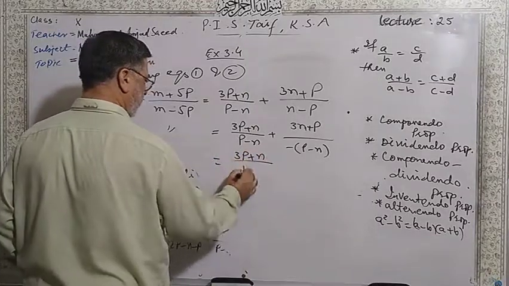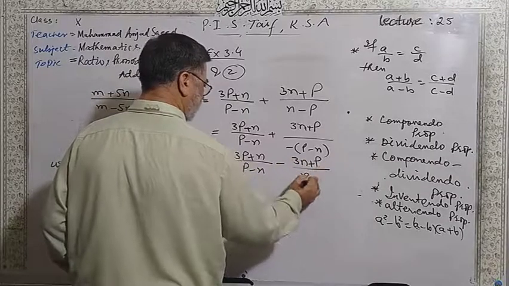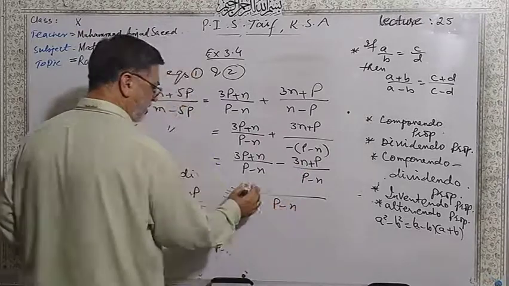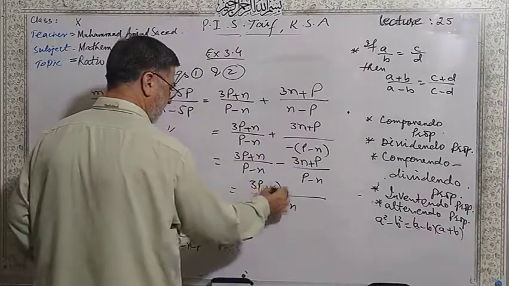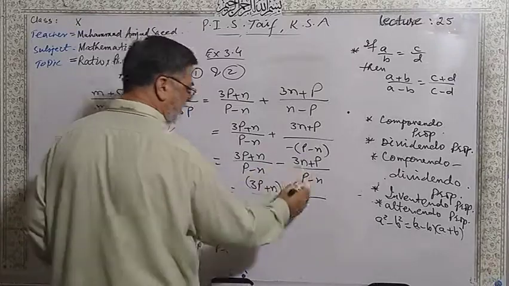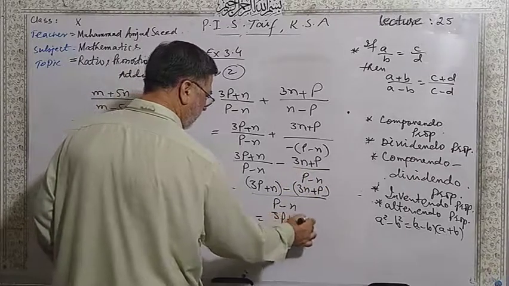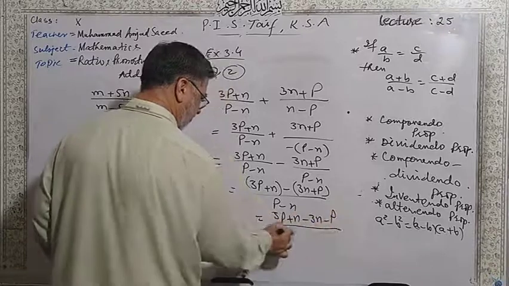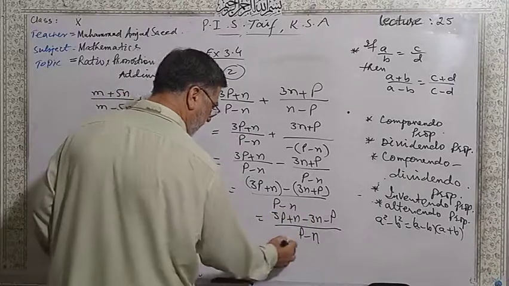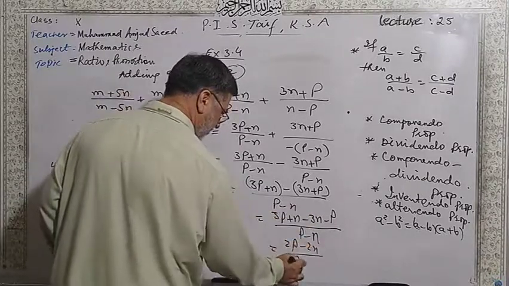(3p plus n) over (p minus n) minus (3n plus p) over (p minus n). Take the LCM, p minus n. 3p plus n minus (3n plus p); there is a negative sign in front of the bracket, so when you open the bracket there will be a change of sign. 3p minus p is 2p, and n minus 3n is minus 2n.